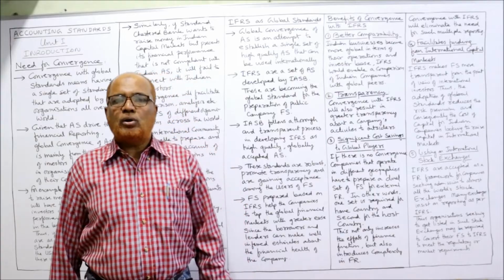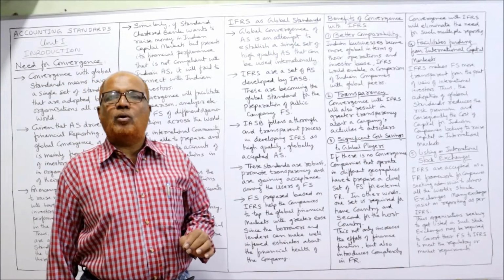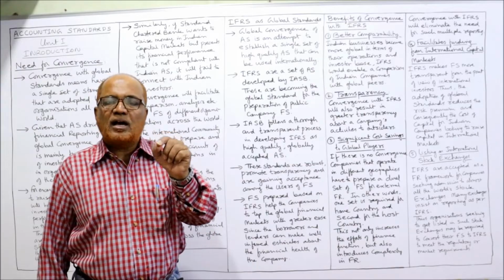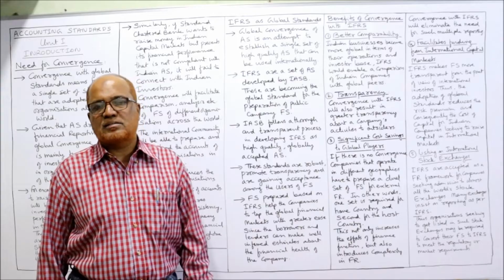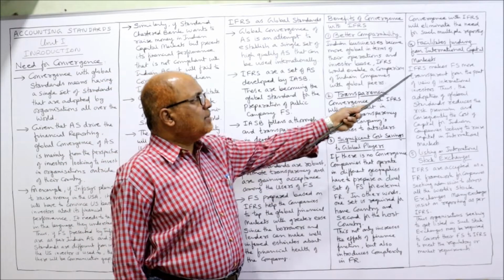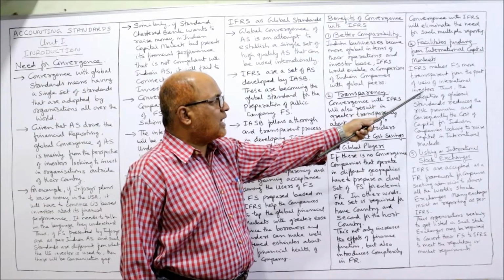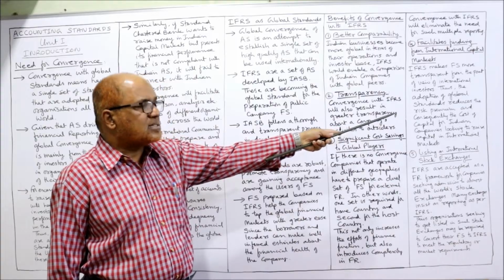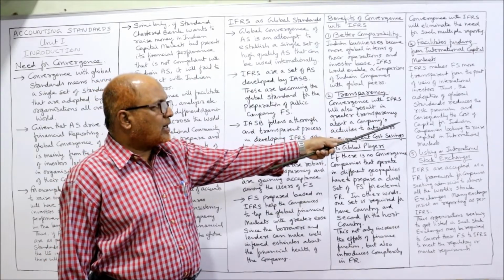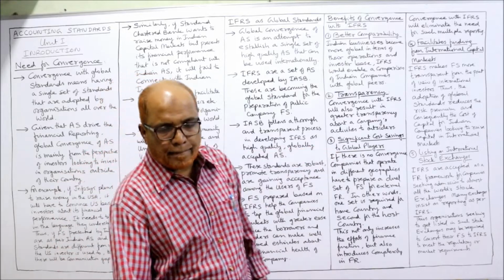So this global raising of funds is possible only when there is a convergence of Indian accounting standards with IFRS. Now, IFRS makes financial statements more transparent from the point of view of international investors. Thus, the adoption of global standards reduces the risk premium and consequently the cost of capital for Indian companies looking to raise capital in the international market.